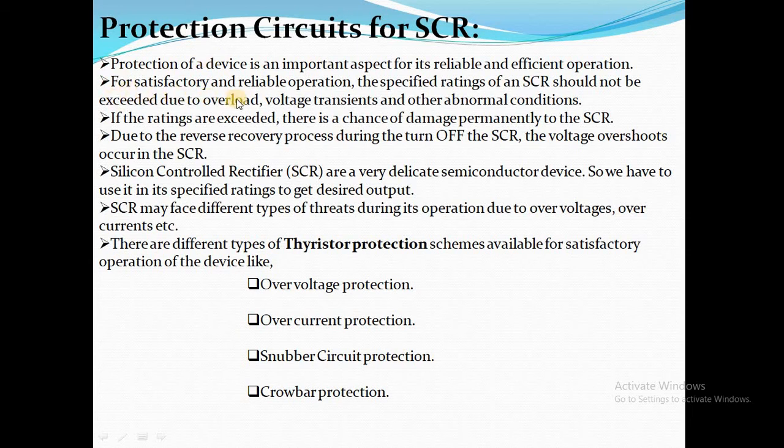For satisfactory and reliable operation, the specified ratings of an SCR should not be exceeded due to overload, over voltage transients and other abnormal conditions. Whenever SCRs are constructed, each SCR is constructed with some defined rating. Specified ratings are given to every SCR. Suppose we consider a single phase induction motor, which is used in everyone's household.